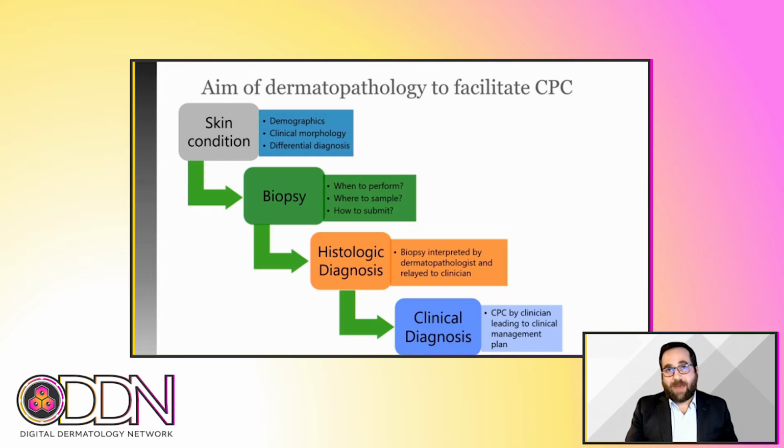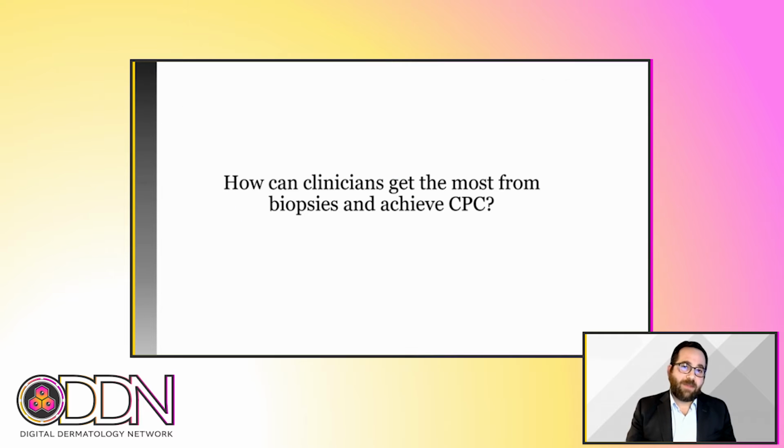But after we get the biopsy result back, we still need to translate that into a clinical diagnosis using clinical pathologic correlation to then take that information and formulate a management plan for the care of our patient.